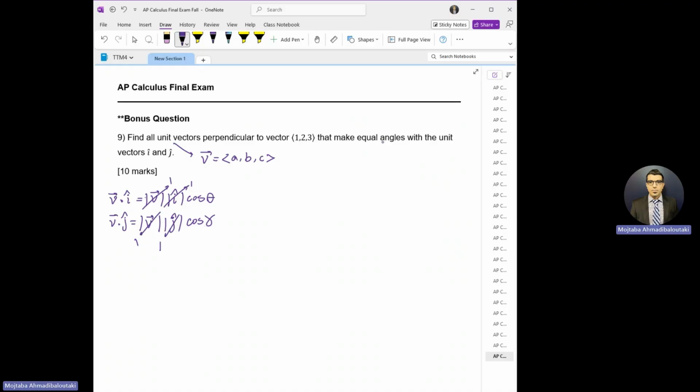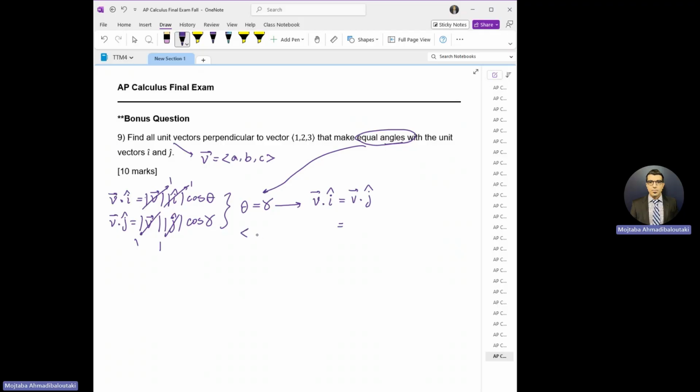And the question says this vector makes equal angles with these unit vectors. So that means this angle theta and gamma are equal, right? From this, we can conclude that V dot i equals V dot j, right? So we have that, and now we use the dot product in vector form. Here we used it in the magnitude and angle form, and now in coordinate form.